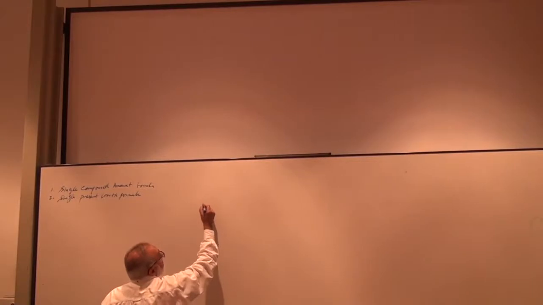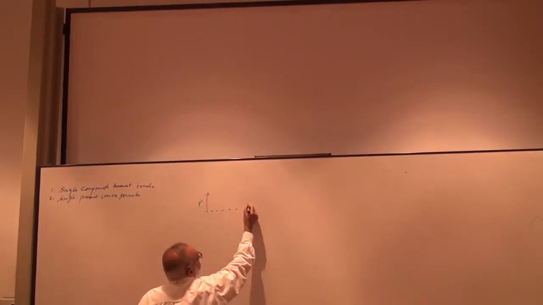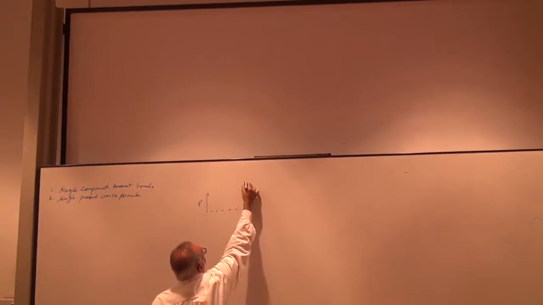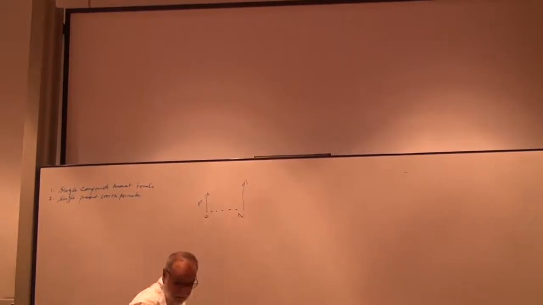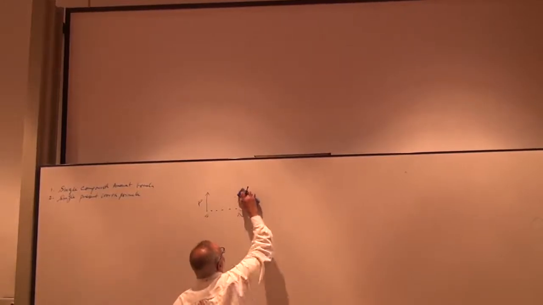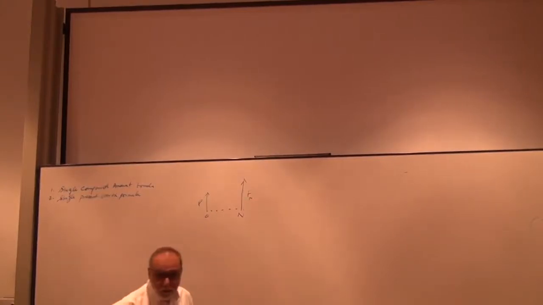The first 2 formulas are simply, for example, you have a present value P and you want to see after n number of years, 0 to n, what will be the future value.